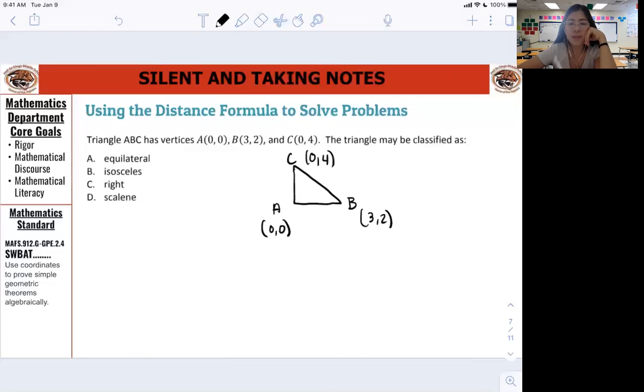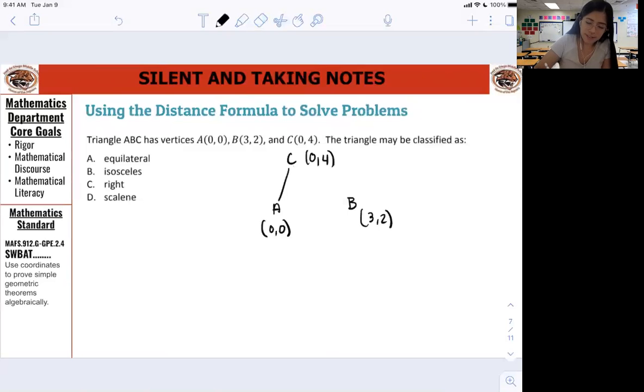Tyrone, if you want to be absolutely sure, which angle should I look at? A, yeah, angle A. Now, I drew it as a right triangle, but I'm just drawing any old triangle, okay? So I could have done this. Okay, that still looks like a right triangle.